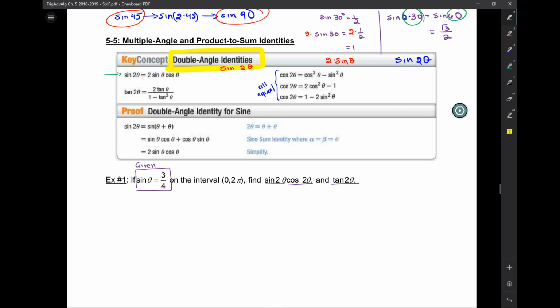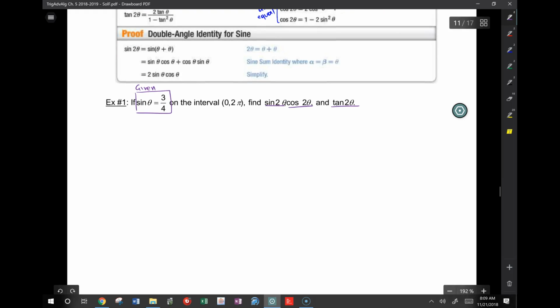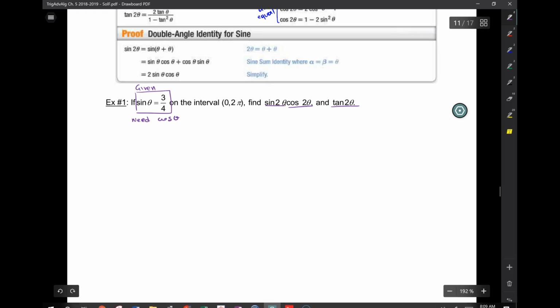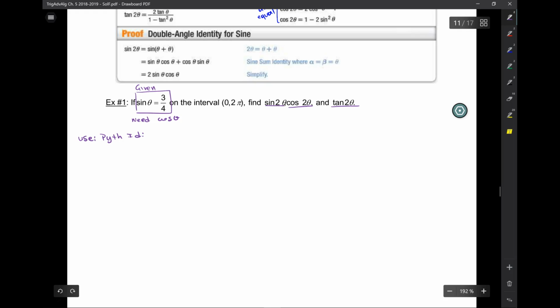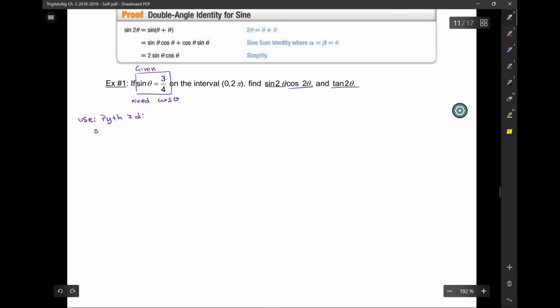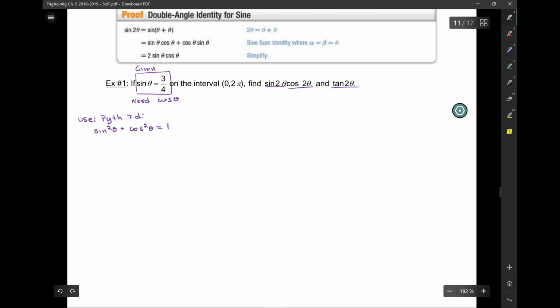Sine squared, right? I'm given sine and I need cosine of theta. We find it using the Pythagorean identity: sine squared theta plus cosine squared theta equals 1.